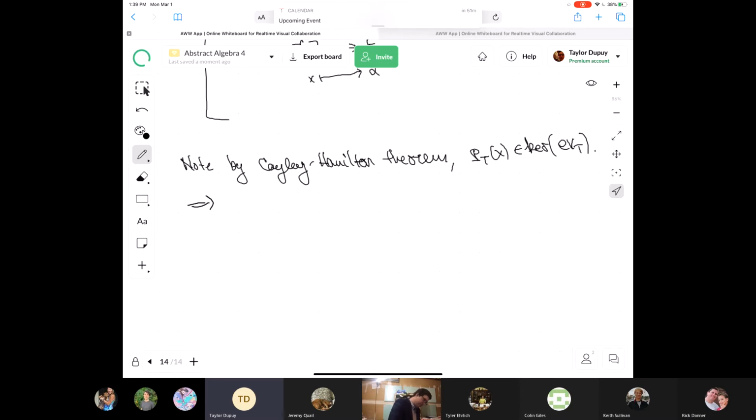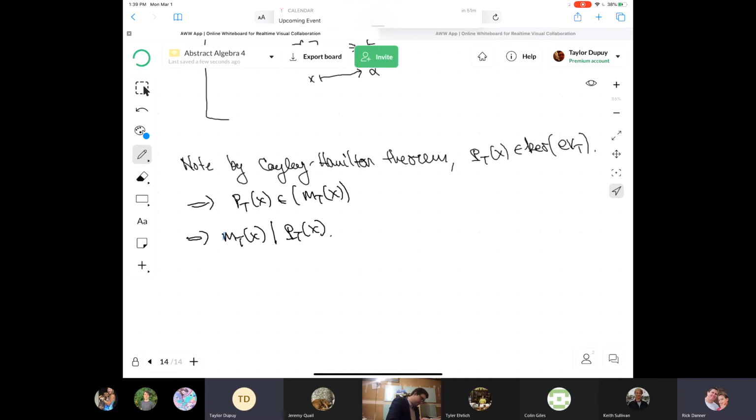So this implies that p_T of x is an element of m_T of x, and this implies that m_T of x divides p_T of x. So this is the first bit of information that we have about the minimal polynomial.